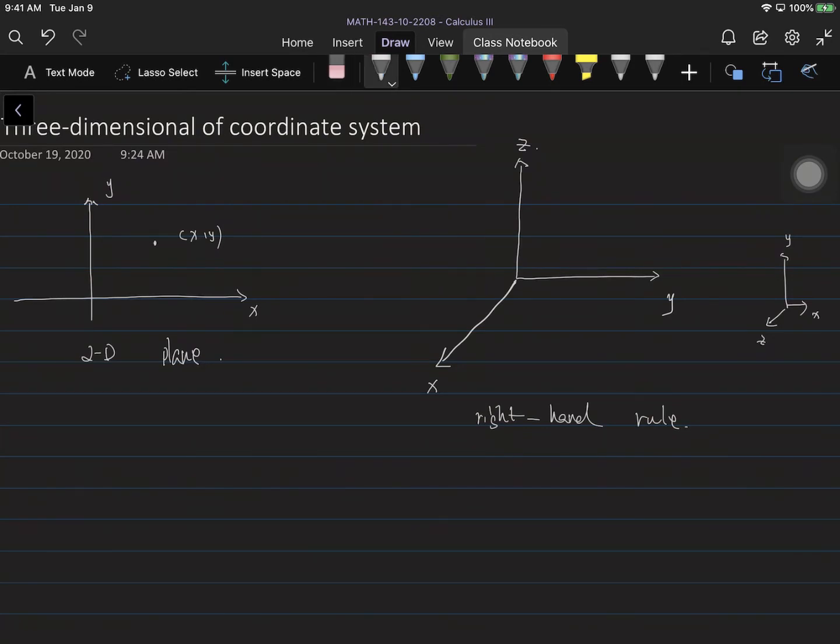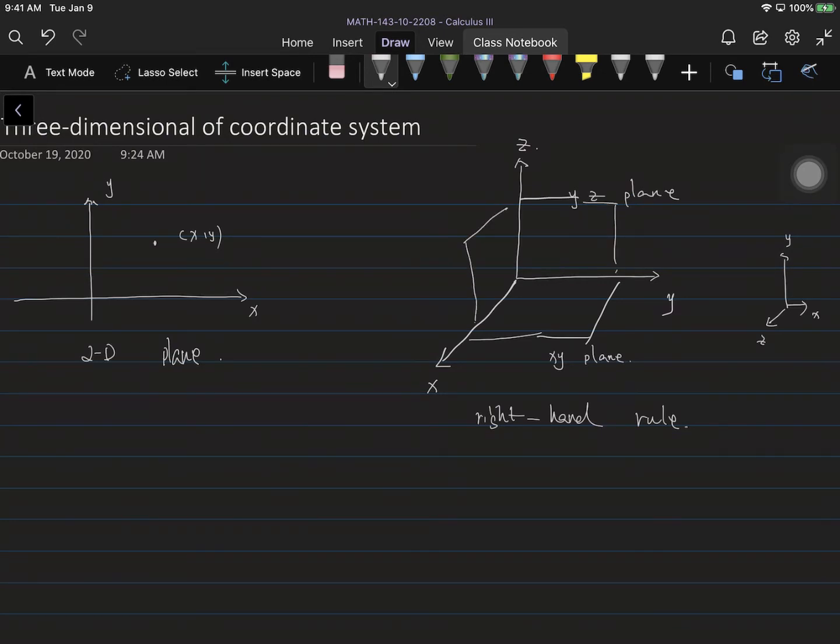Now let's take a look. We have this plane, called the xy plane. The plane made by the z-axis and y-axis is called the yz plane. It's kind of like the yz plane here.